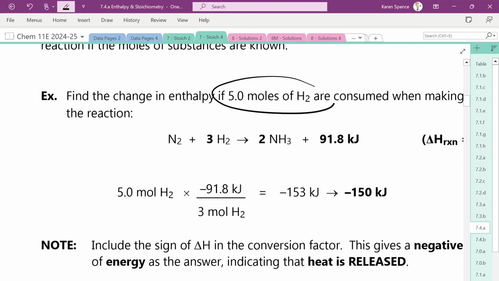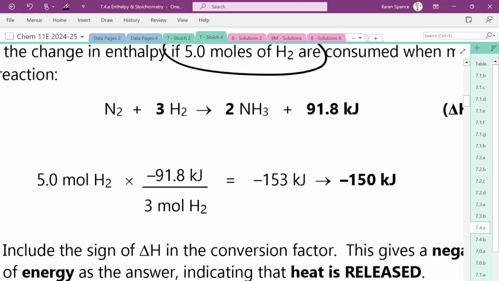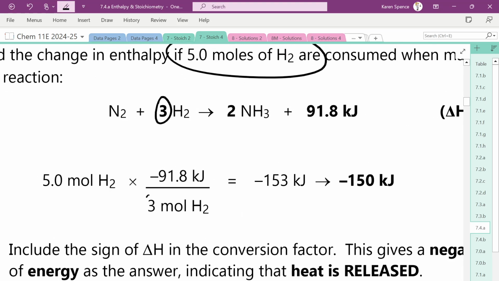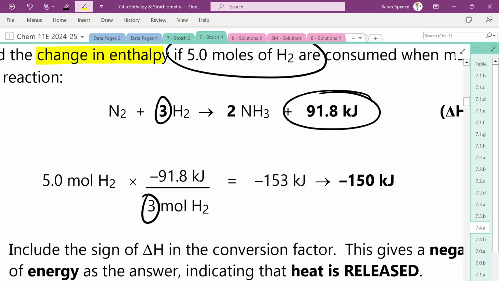So if you start with 5 moles of H2, you say, I have 3 moles of H2 for every 91.8 kilojoules. And we are asked to find the change in enthalpy here. So because that is the case, we're going to say the change in enthalpy is negative 91.8, so we're going to get negative 153 kilojoules.